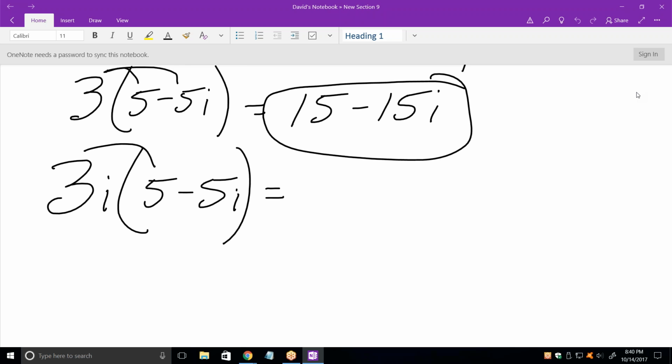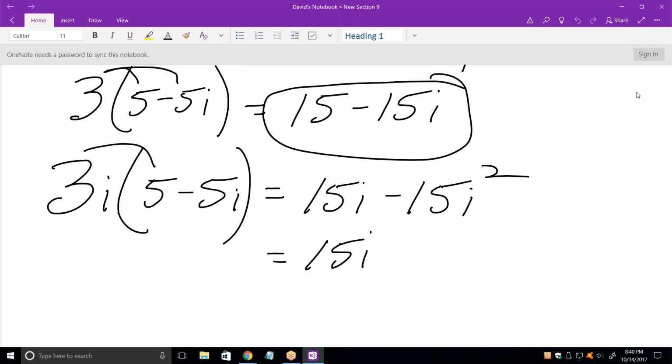So we get 15i minus 15i squared. Now convert the i squared and you'll end up with a real number. So do we just get positive 15? Hold on, just convert the i squared for the moment.